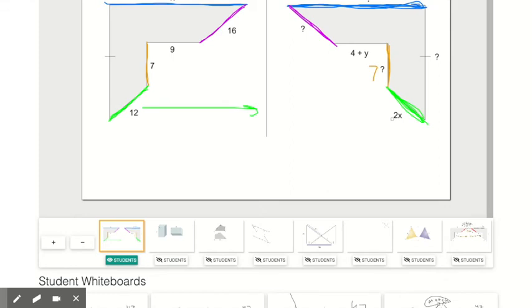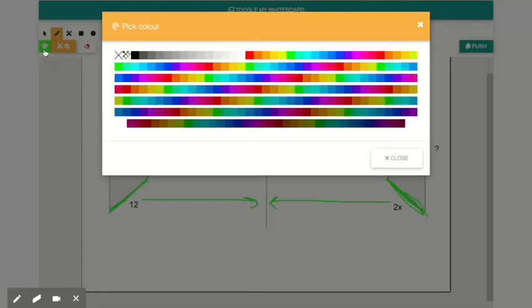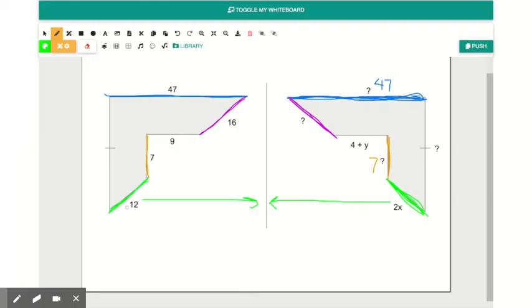So 2x and 12 match together. That means something. That has to mean something. That means that this right here is equal to 12. Right? Because if this is 12, that means that this is 12.